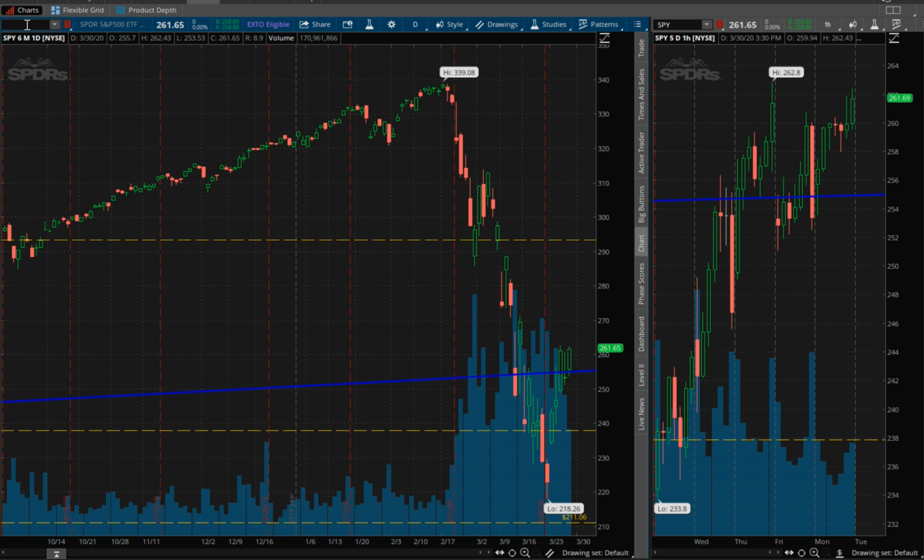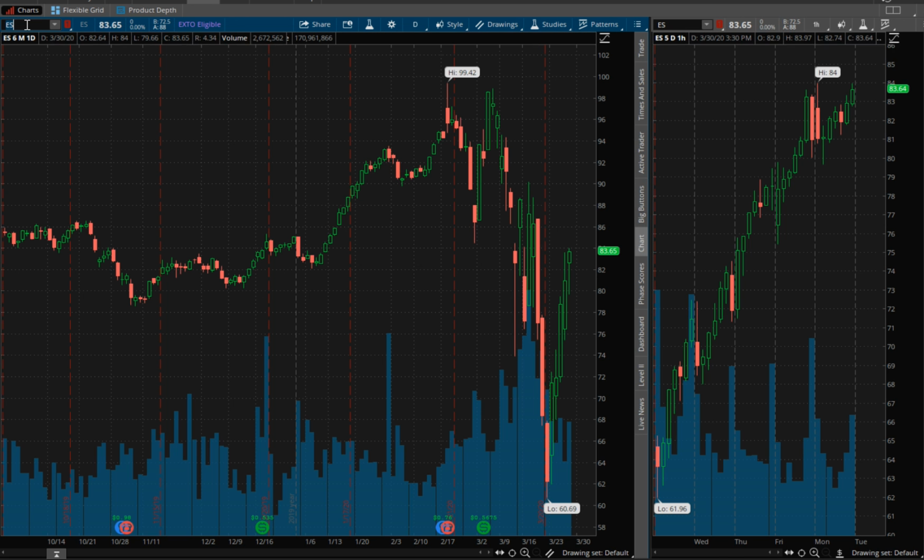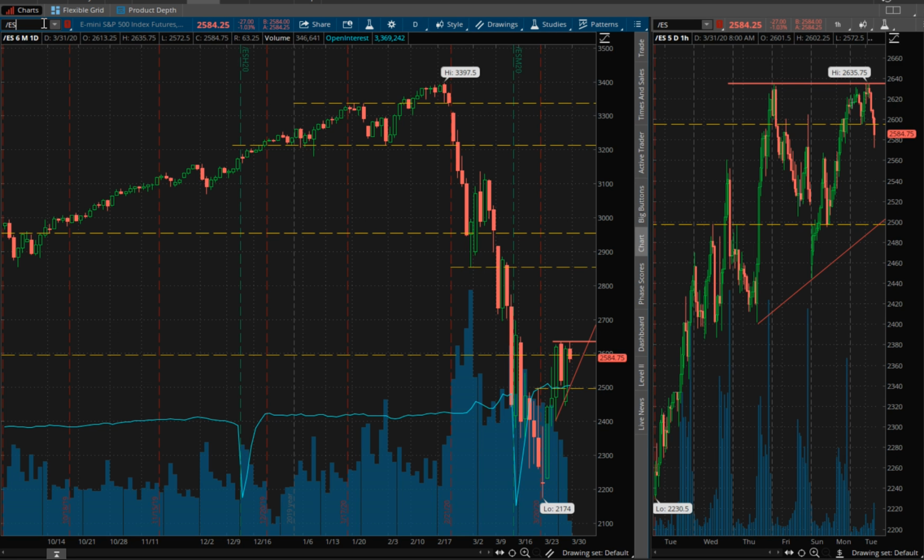So let's take a look at the futures and let's see what type of trade we could probably set up there. So the S&P futures, which is right here. Let me just set up the chart. So again, we're seeing a very similar picture.